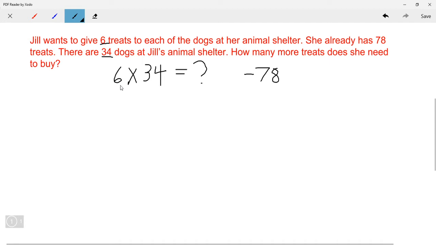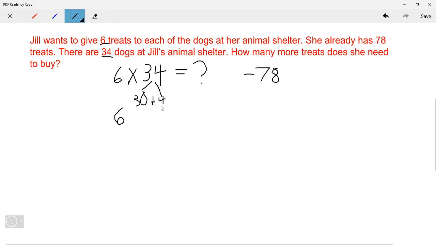So, let's start with 6 times 34. Okay? So, we can do this in a couple of different ways. We can do partial products, where we can split up 34 into 30, right, plus 4.